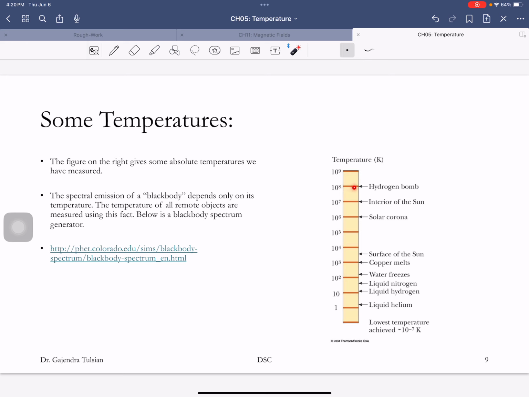So how do we measure these temperatures, like the temperature at the center of the explosion of a hydrogen bomb? All these remote temperatures, for instance the surface of the sun, are measured as follows.